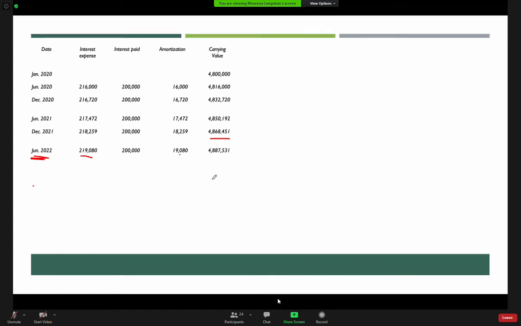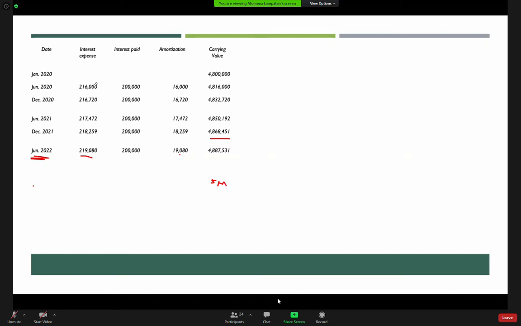So, kung 5 million ang face value, dapat ang carrying value ng bond mo at maturity date should be also 5 million. Equal dapat siya dun sa face value. That's how you can tell na malapit sa tama yung amortization mo. Or kung hindi man siya tama, malapit siya sa tama. Parang ganun. Okay, so this is your amortization table.